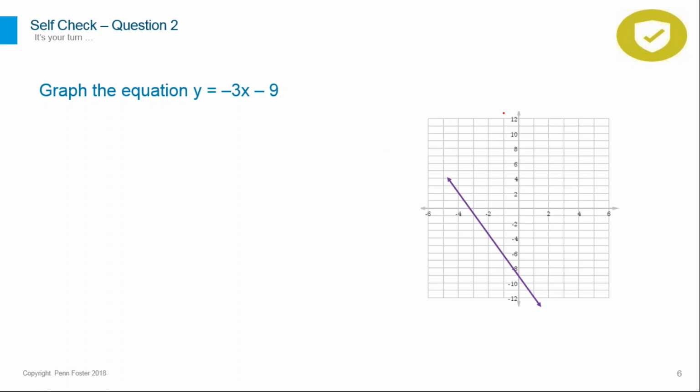You are able to plot 2 points on the coordinate plane, and then just simply connect them, and that will give you the line. What are the 2 points that you're going to use to graph the line? You can pause the video, work on the question, and come back.